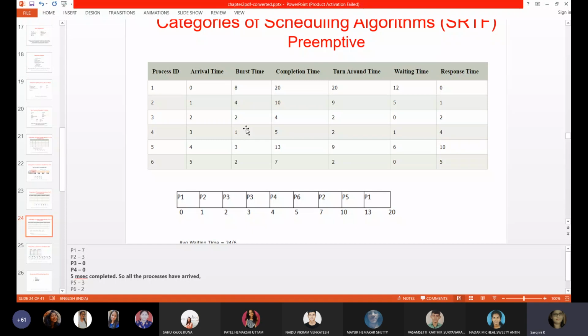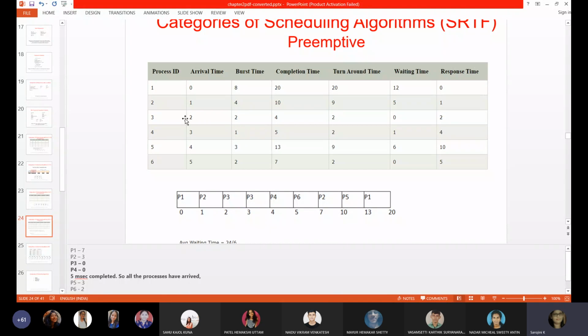Now the scheduler will apply another algorithm, which is the FCFS algorithm, to choose between these two. Why? Because these two have 1 millisecond as the CPU burst time, which is the shortest remaining burst time. So when we apply FCFS between these two processes, which will be chosen?